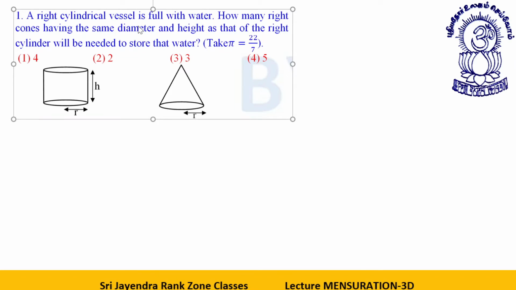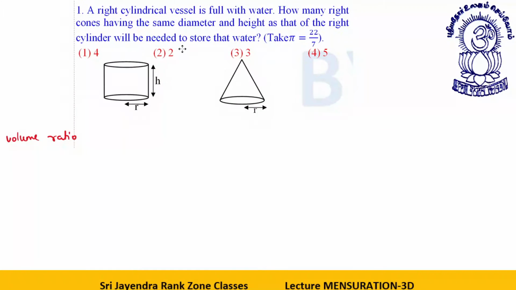A right circular cylinder is full with water. How many cones having the same diameter and height as that of the right circular cylinder will be needed to store that water? See, what we know, volume ratio. What is the volume ratio? The volume ratio for both of these is 3 is to 1.